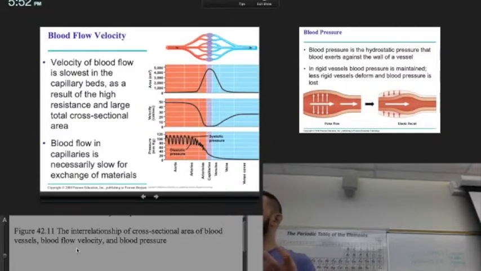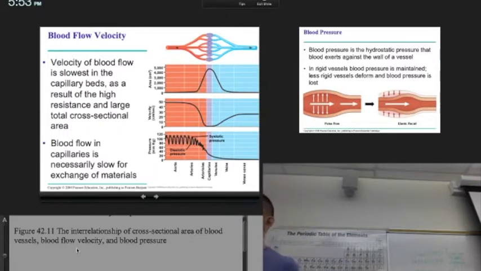Arteries, you start getting slightly bigger area, not by much. Arterioles, which are these guys. Now you're starting to get a little bit more area. And then capillaries is where the area maxes out. So there's a lot of area for blood to go to, a lot of surface area. And then again, almost completely symmetrical here as you go back from the venules to the veins to the venae cavae.